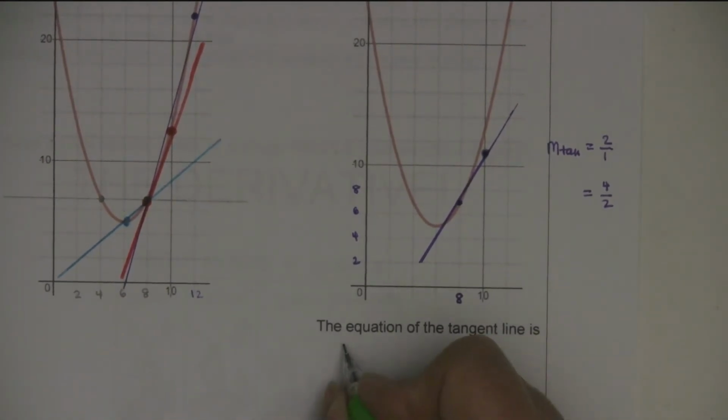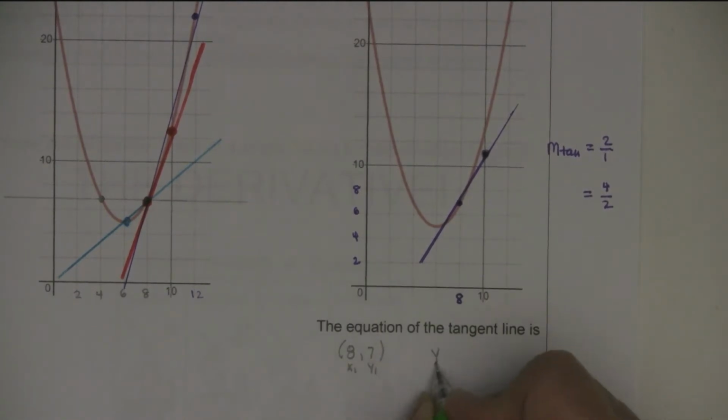And so to me, I would just be saying, well, I have the point 8, 7, remember? So this is my x1, y1, and I would just use my beginning algebra formula.